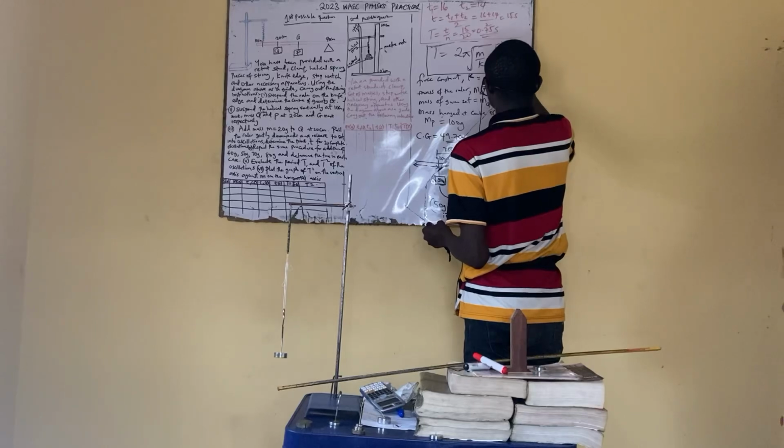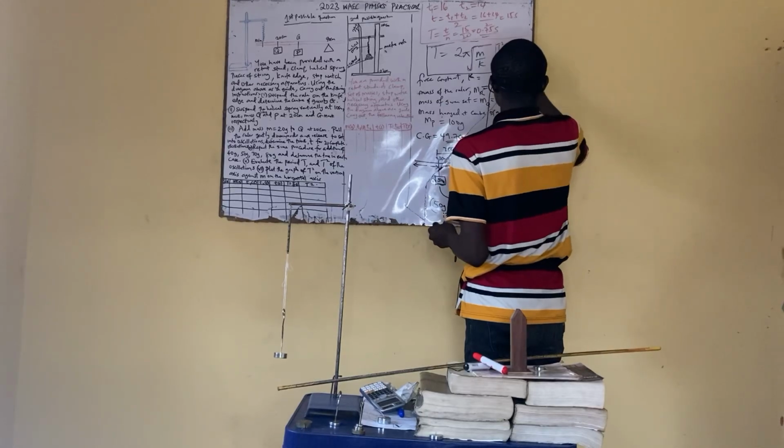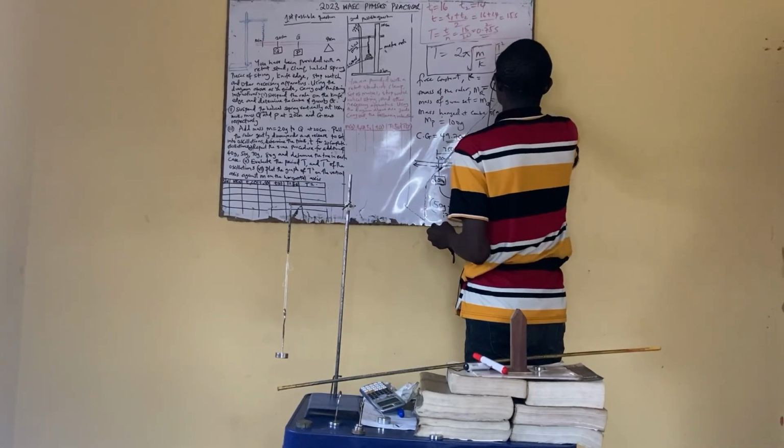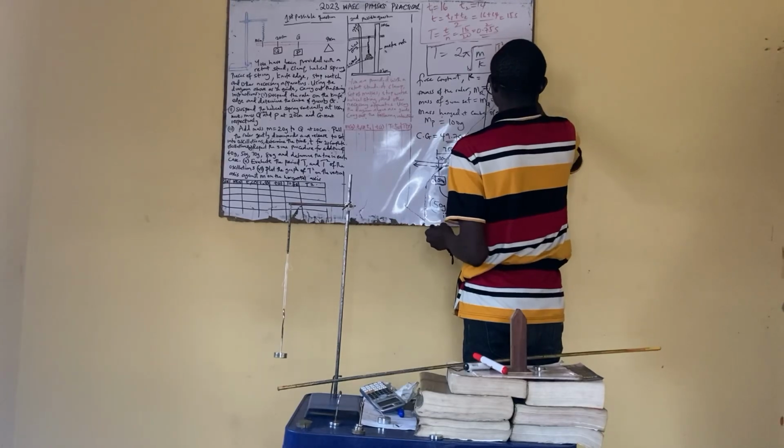K will now be equal to 4 pi squared m all over T squared. So that's how you're going to calculate your K.